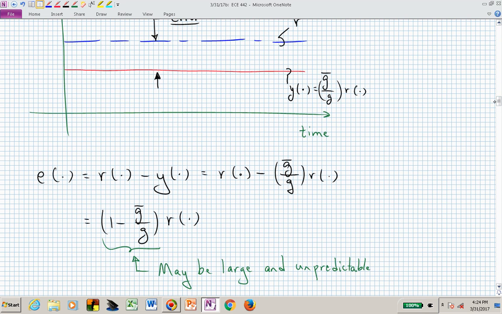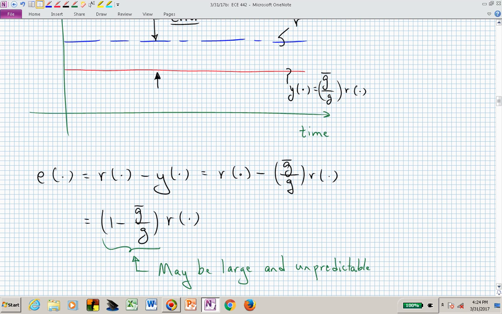If we look at just writing through the equations, we see that the error is this difference between R and Y, R minus Y, and now Y is just G bar over G times R, and we can see that this error is now going to be influenced by the difference between 1 and G bar over G, or how much change there is between G and G bar, and that may be large and it may be unpredictable.